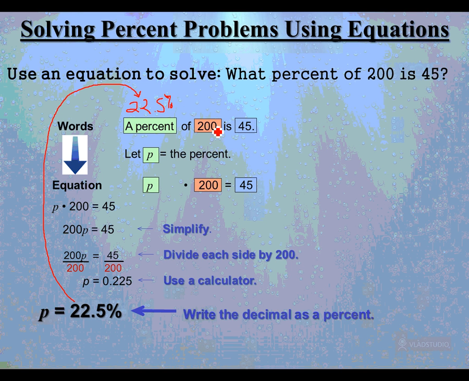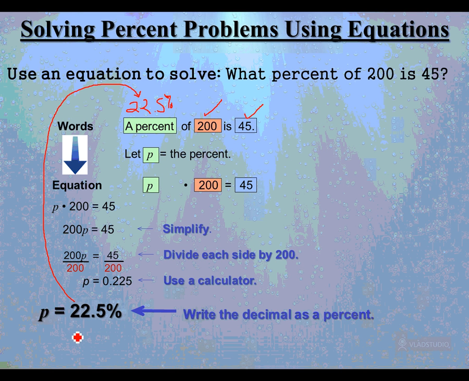That seems to make sense to me. 22.5% is not too far from 25, and 25% is a fourth, and a quarter of 200 is 50. And 45 is not that far from 50. So thinking about it with good number sense, the answer 22.5% makes perfect sense.